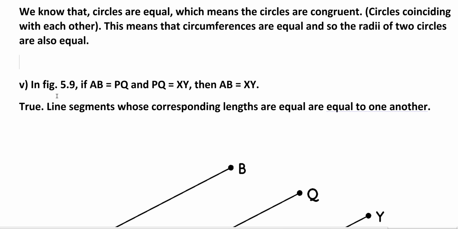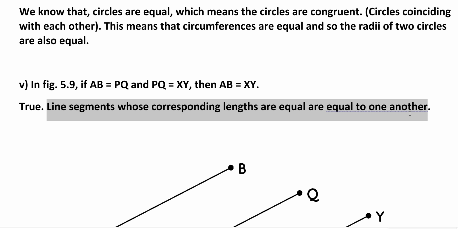Fifth, in figure 5.9, if AB equals PQ and PQ equals XY, then AB equals XY. True, the line segments whose corresponding lengths are equal to one another.